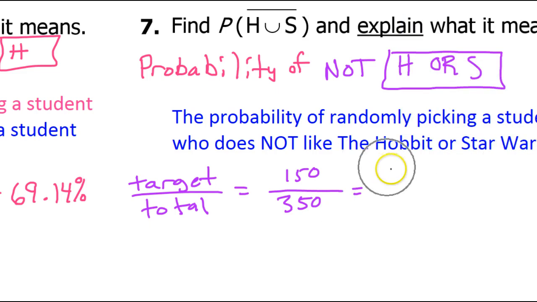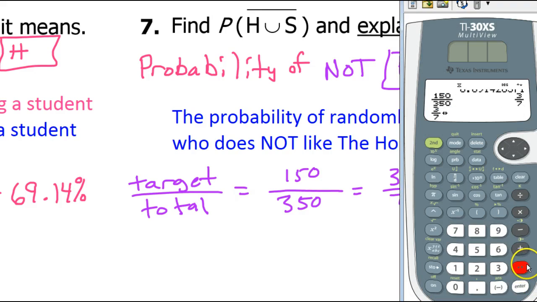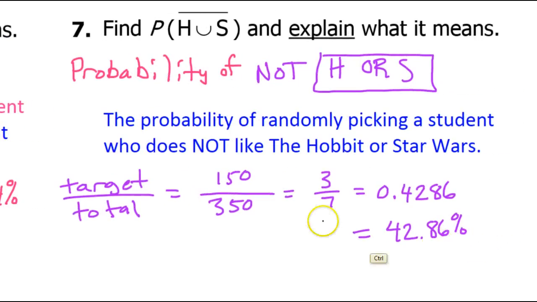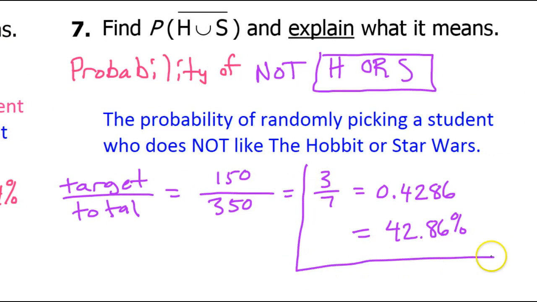So that's 3/7. That is approximately 0.4286, which as a percent would be 42.86%. All right, so these are the three forms of the answer.